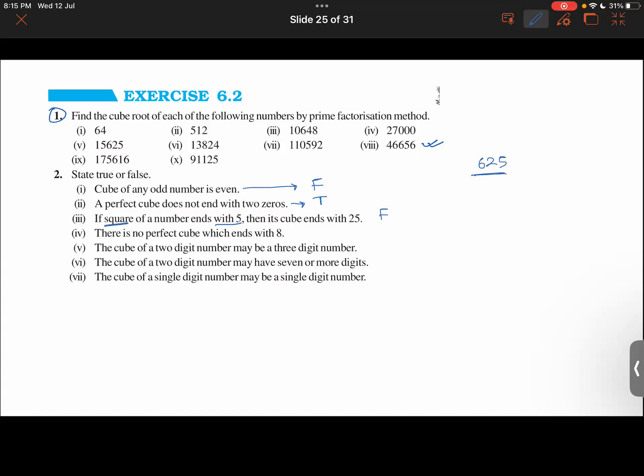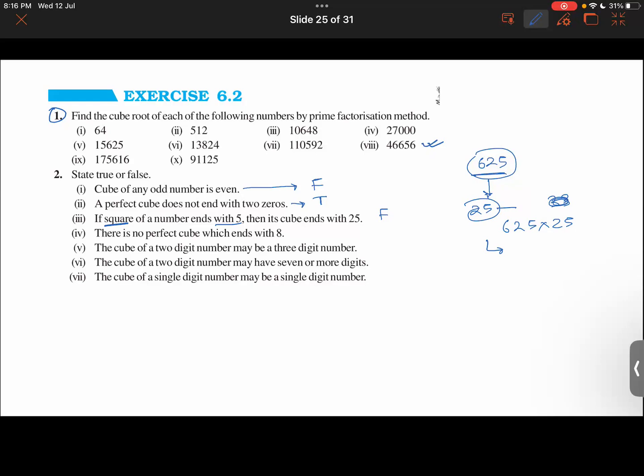So 625 is the square of 25. What is the cube of 25? If you multiply 625 by 25, how much is it equal to? Ahmed, go check that.